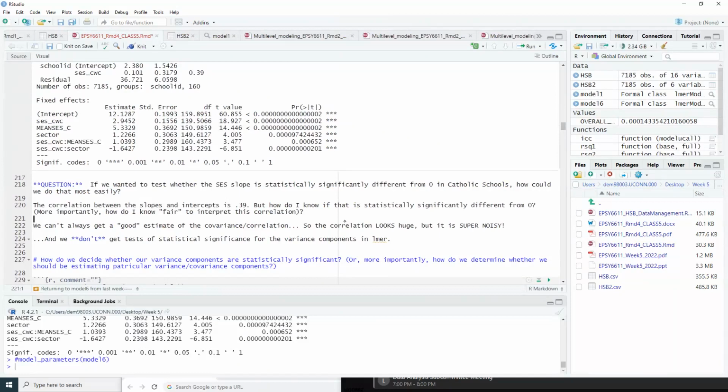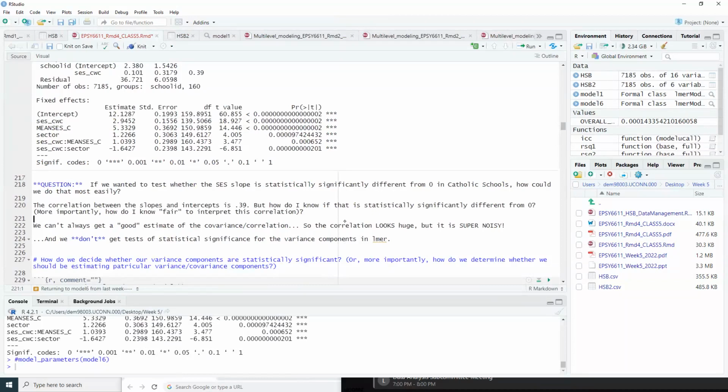Because it's a level 2 variable, it can only explain between cluster variance, right? And it's a level 2 variable that's explaining between cluster variance in what? In the intercept. That's really what it is. Whereas here, this is mean SES, a level 2 variable, explaining between cluster variance in what? In the randomly varying SES slope.